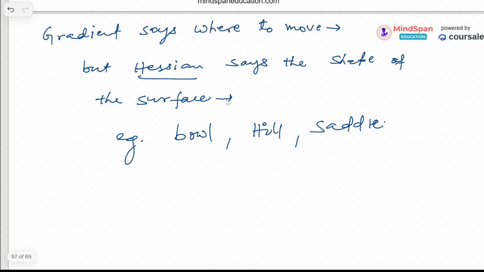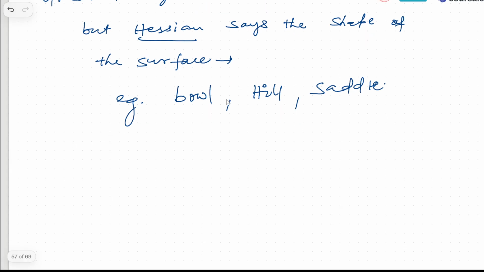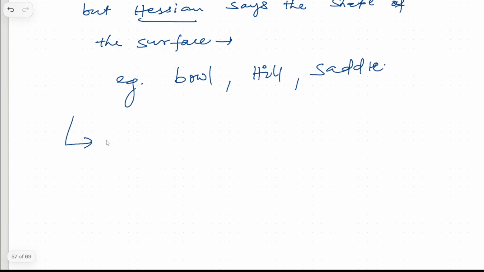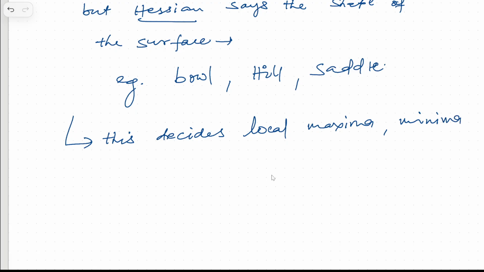So we can say that this decides local maxima, minima, or a saddle point. Saddle point means there is no maximum or minima here.